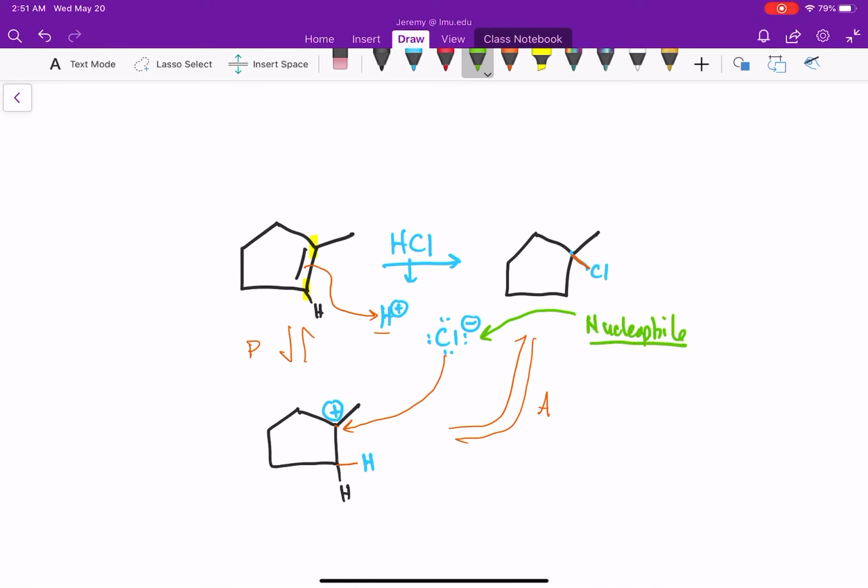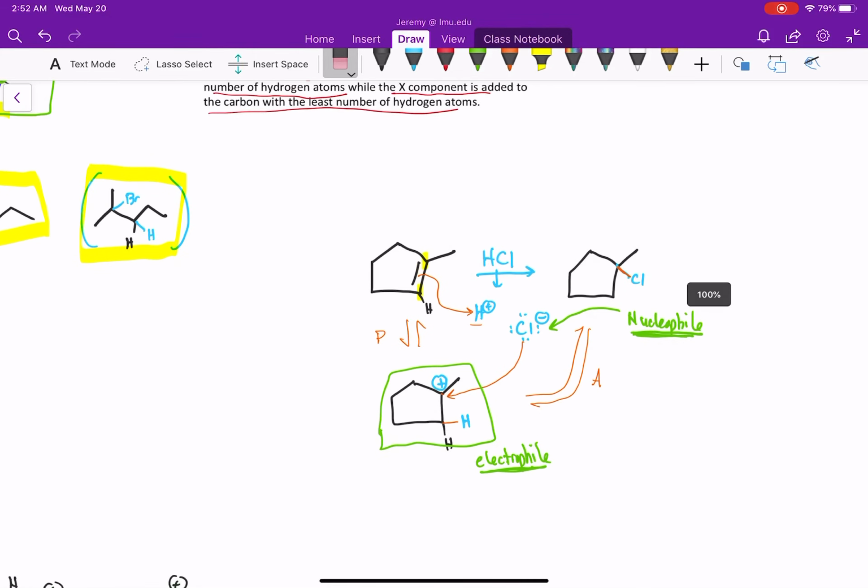And the species that gets attacked is called the electrophile. Okay, so these are two terms we need to know. The Cl- is attacking the carbocation. So the Cl- is our nucleophile, and the carbocation is our electrophile. Okay, so this is the reaction and mechanism for HX addition.